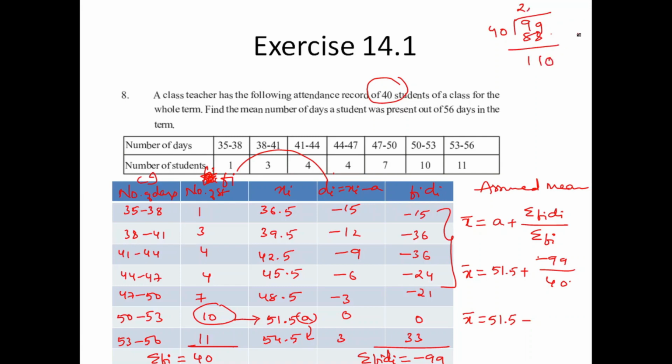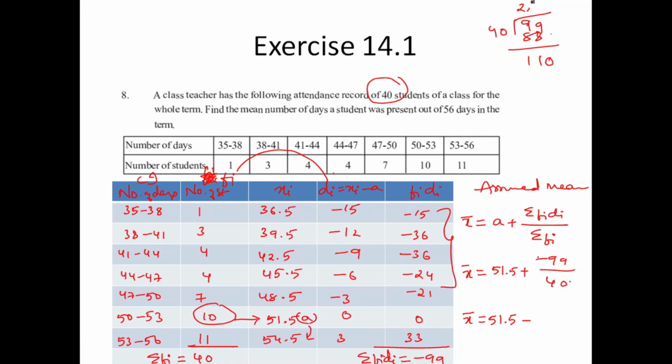This is left with 4 times, I think. 4 times 2 is 8. So you'll be getting 0.2.